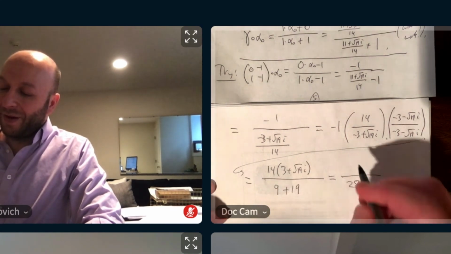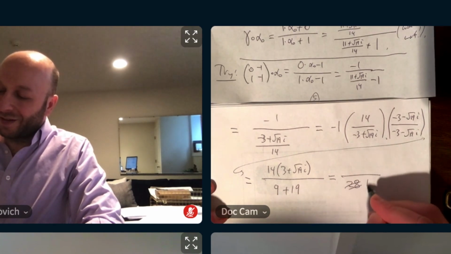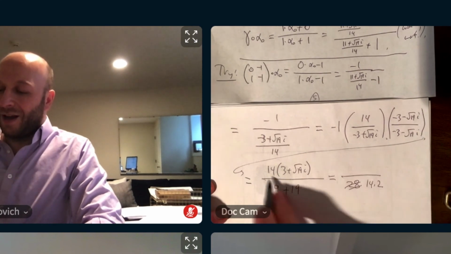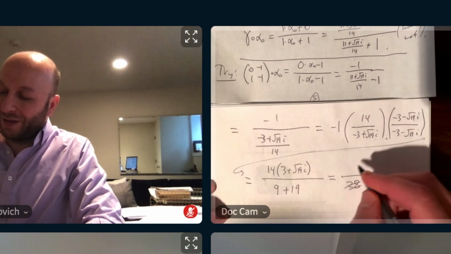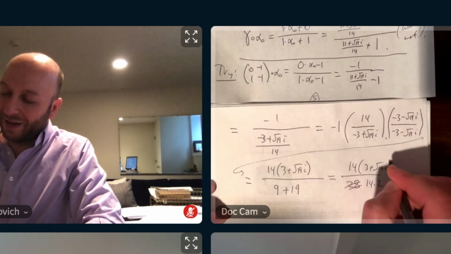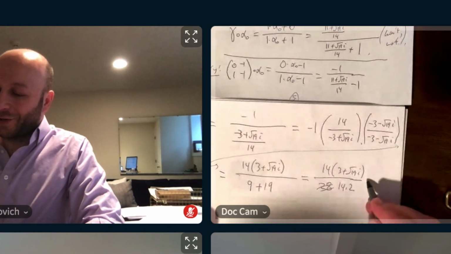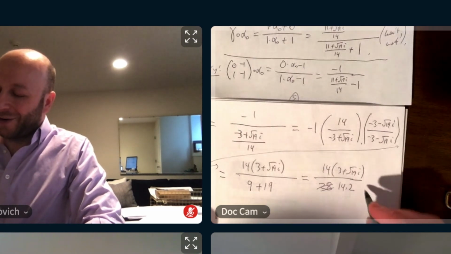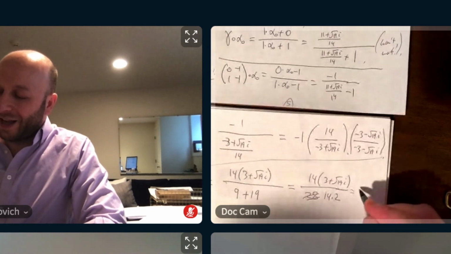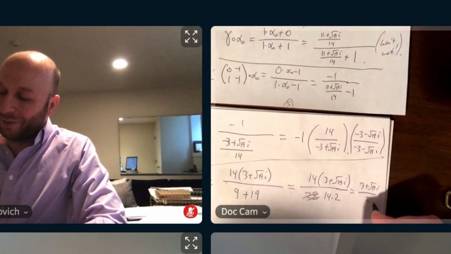On top, I have, and 28 is 14 times 2, on top, I have 14 times 3, well, I have 14 times this thing, 3 plus root 19i. And so this is very close to being correct. The 14s cancel, and I get 3 plus root 19i over 2.